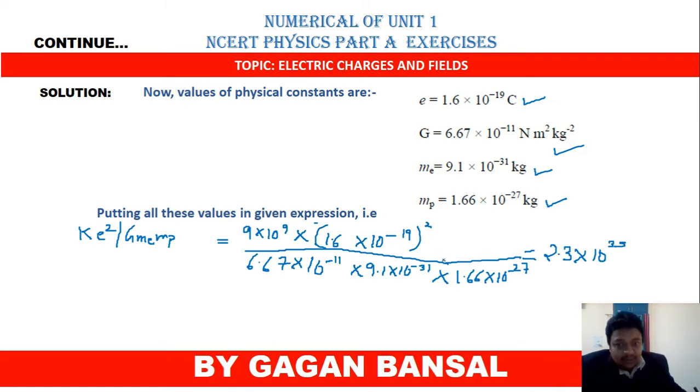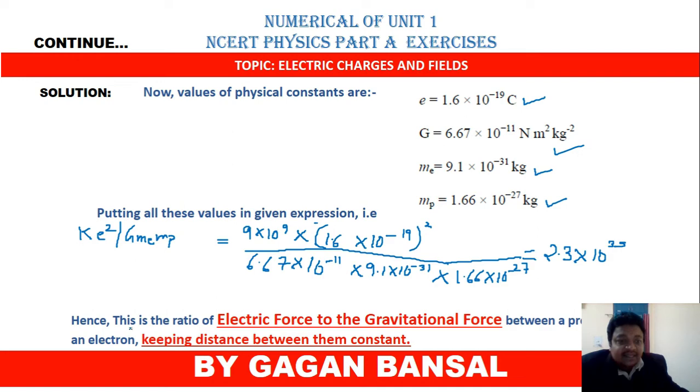Okay, so it is also asking us what does this value 2.3 into 10 raised to the power 39 signify? So it signifies that it is the ratio of electric force to the gravitational force. This you have seen from your notebook also.